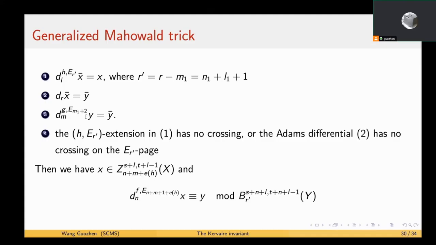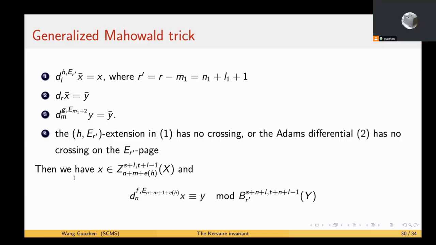And also we suppose there is an h extension of filtration m1 plus 2 from y to y bar. And we suppose that the h extension on the r prime page has no crossing, or the Adams differential has no crossing on the r prime page.